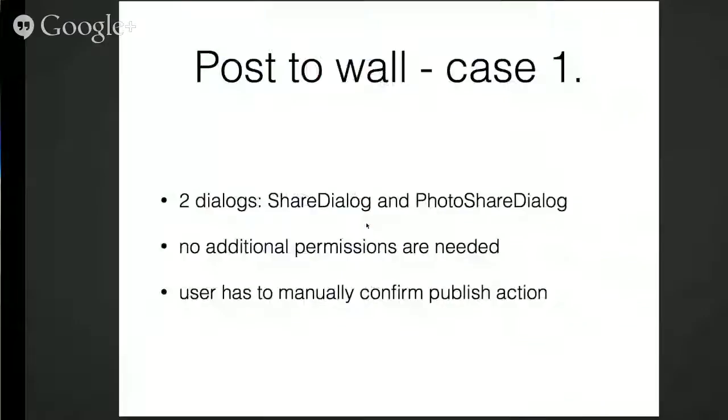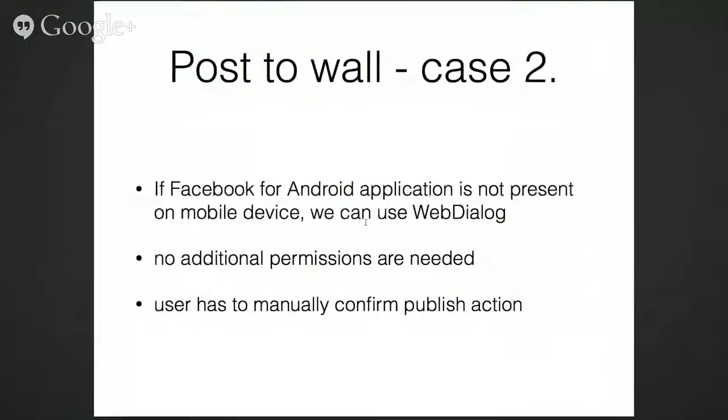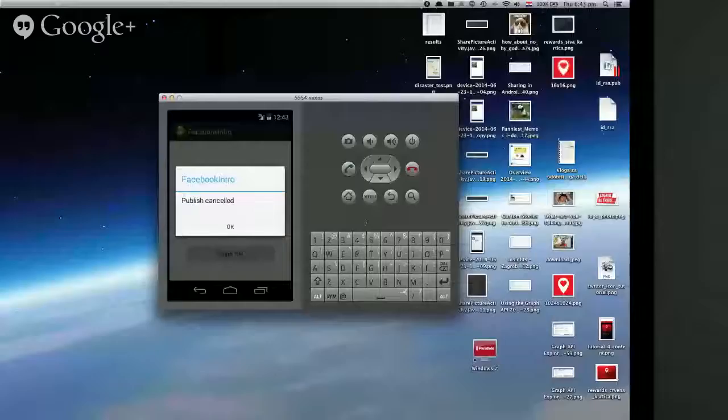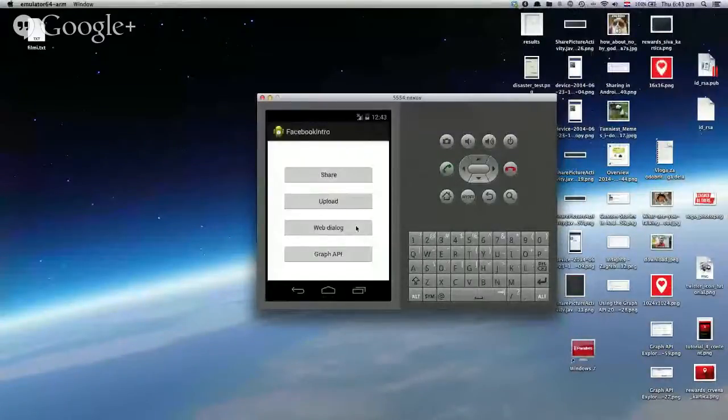Then we have a second use case, which is upload with web dialog, and we use it when the Facebook for Android application is not present on the device. Once again, no additional permissions are needed because our user has to manually confirm the publish action. We can once again look at it.